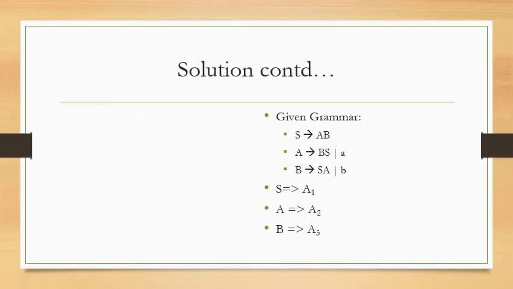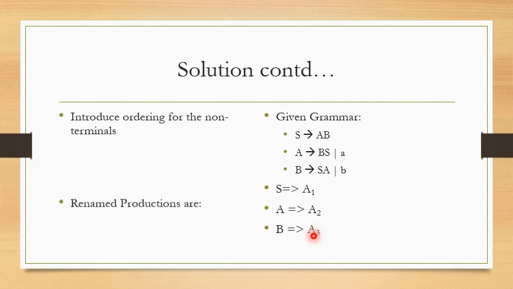What we do is give some ordering to the non-terminals present in the grammar. Since S is the starting symbol, we give the name A1. Since S is followed by A, I'm giving the name A2. Since A is followed by B, I'm giving the name A3. Therefore the renamed productions will be: S can be AB becomes A1 can be A2 A3.